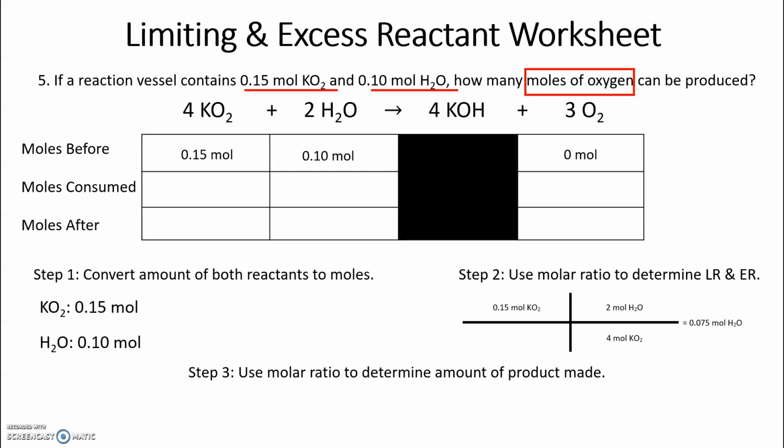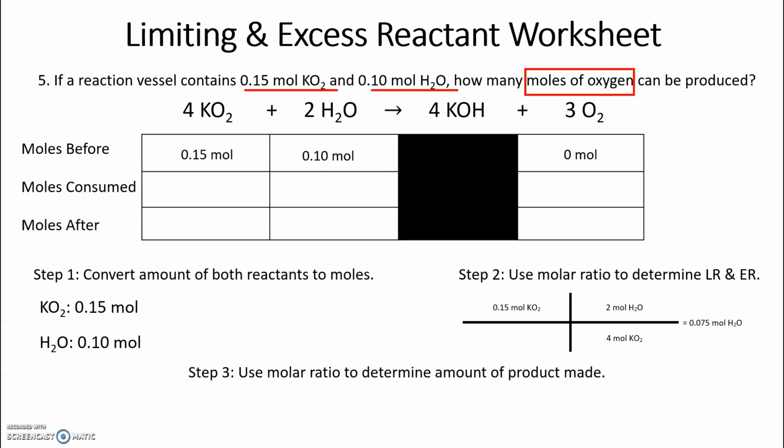So you end up with, for every 2 moles of water, there are 4 moles of KO2. So when we multiply across the top and divide by the denominator, you should get 0.075 moles of water. So what this conversion is telling me is that if I start with 0.15 moles of KO2, then I must need 0.075 moles of water.